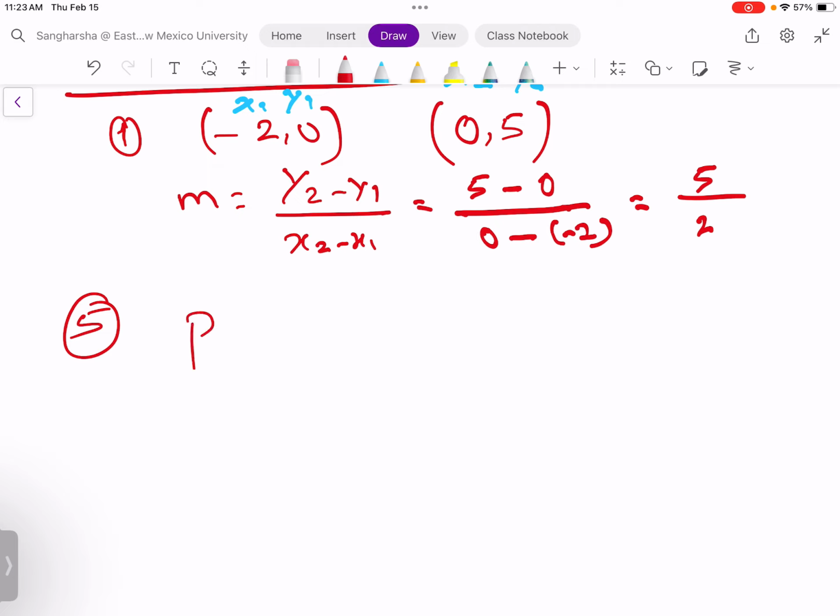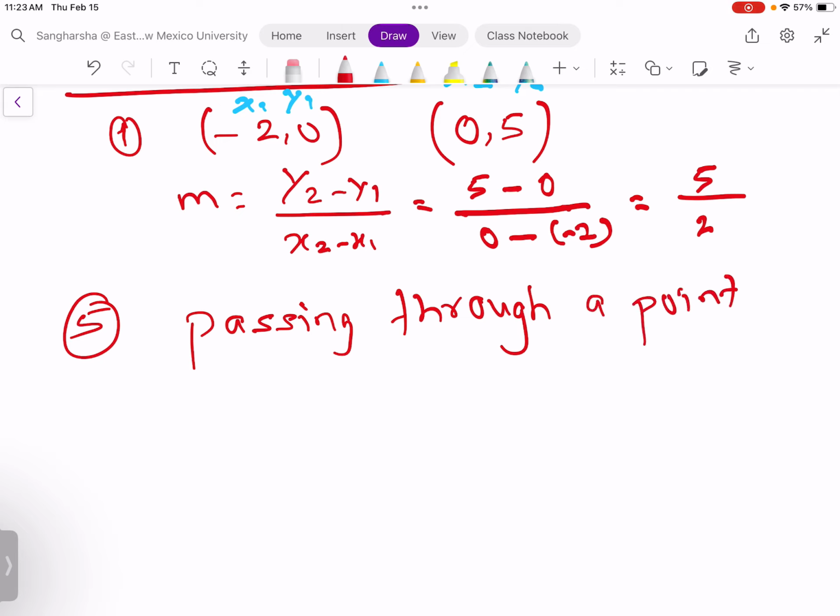So we need to find an equation of a line. The line is passing through a point. The point is given to us as (4, -1), with a slope of -2.